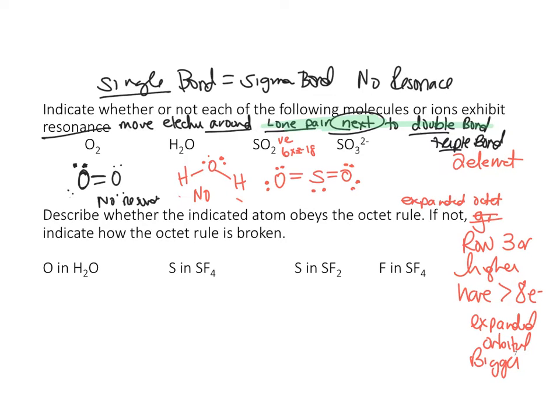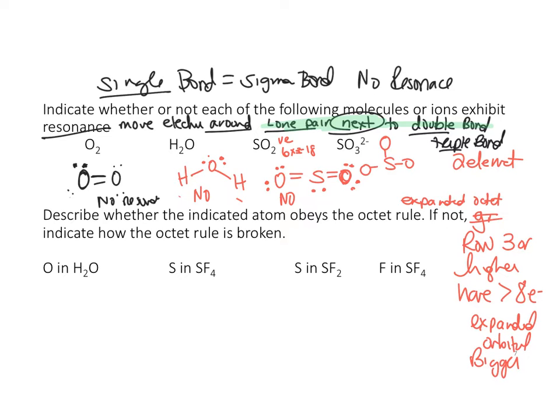The reason why this cannot do resonance, well, I'm going to say no, because you can't push electrons onto the oxygen, because you can't do expanded octet there. Let's do the SO3.